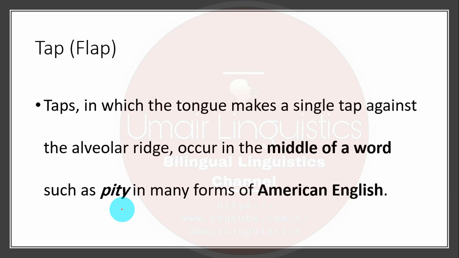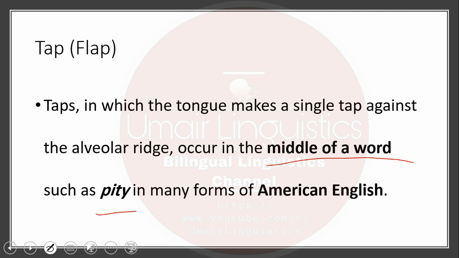Then tap or flap. Taps are sounds in which there is a single tap against the alveolar ridge in the middle of the word, such as pidi, pidi. And actually, if we listen to it carefully, it is not perceived as th, th.